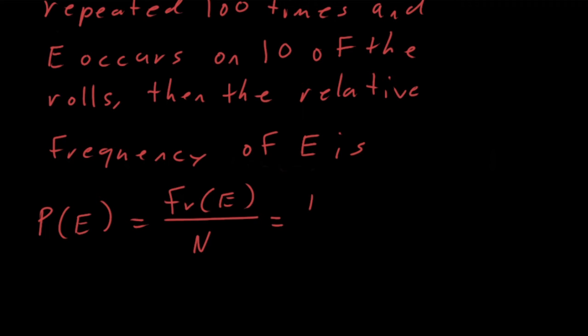And remember, E occurred 10 times, and we did the experiment 100 times. So that means the estimated probability is 0.10, or the relative frequency. Okay.